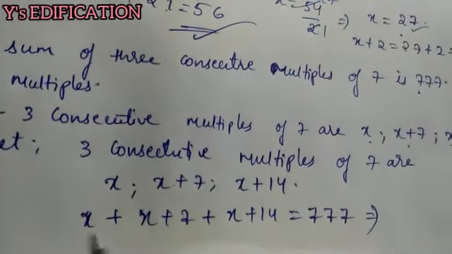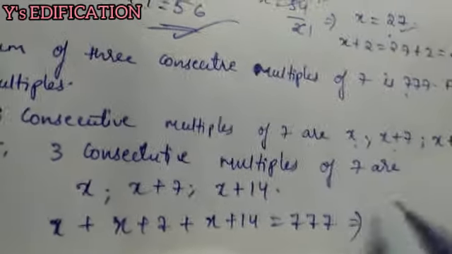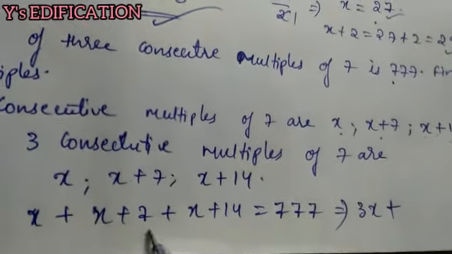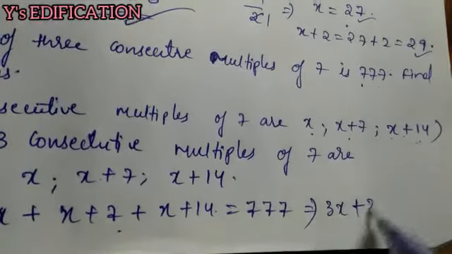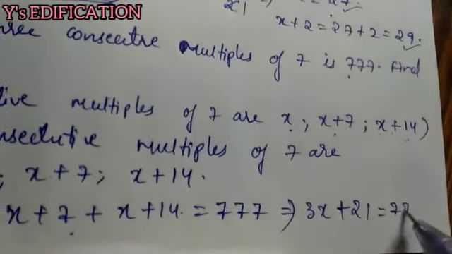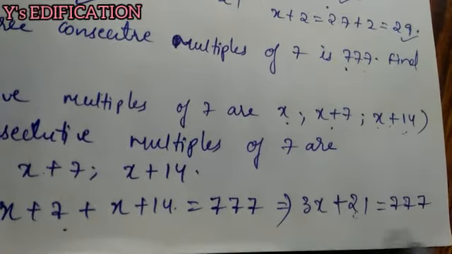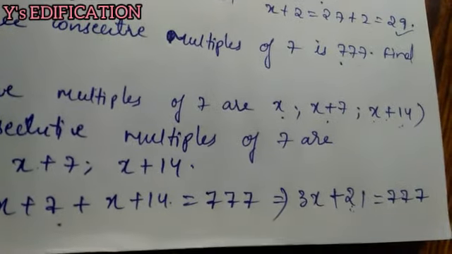So now add all these numbers, x, x, x, 3x, plus 7 plus 14 is 21, is equal to 777. Now shift this 21 to the RHS side. It will become minus 21.